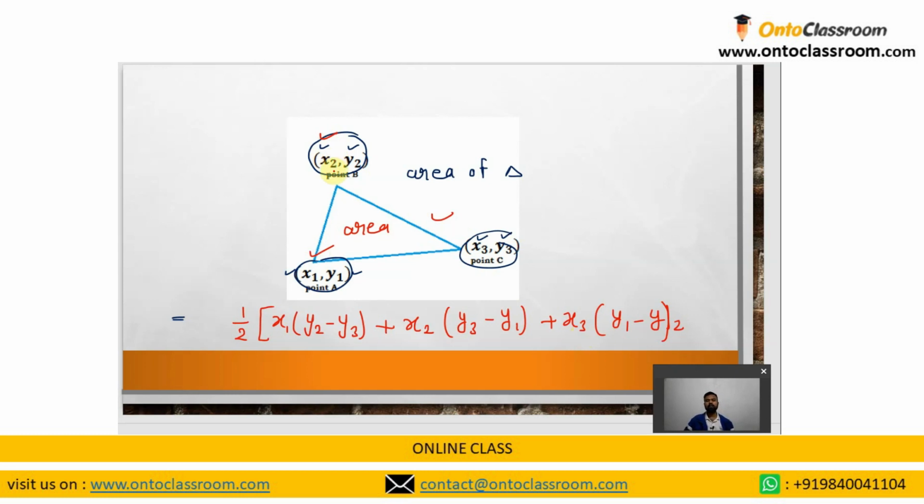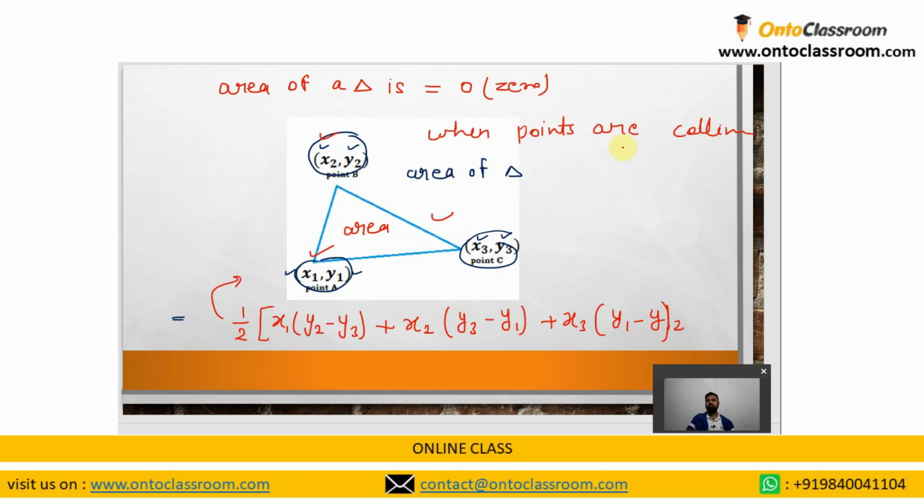So why are we using this formula? Because the theorem says the area of a triangle is equal to 0 when points are collinear.